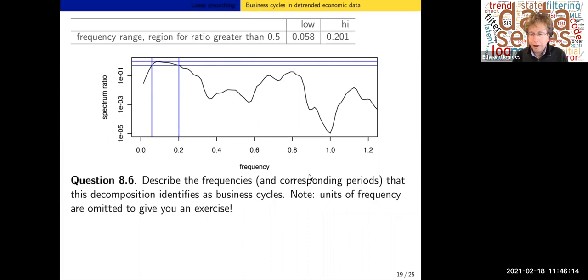Units of frequency are omitted, but this had better be in cycles per year. If it were in cycles per month, that would only go up to a half for monthly data. Okay, and let's see what we can say about this.